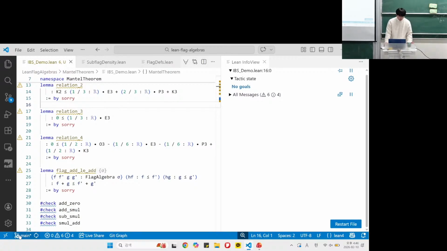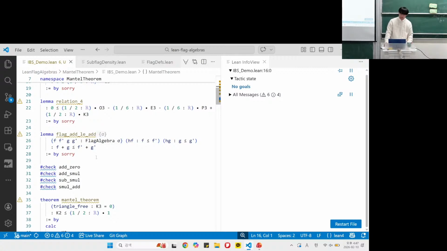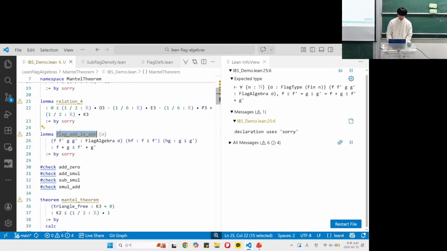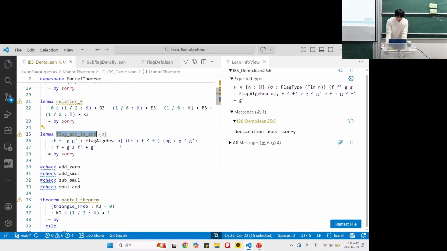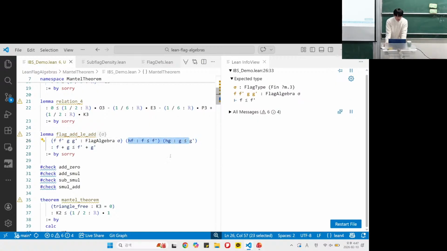And also I prepared a lemma called flag add add, which allows us to add two inequalities while preserving the inequality relation.